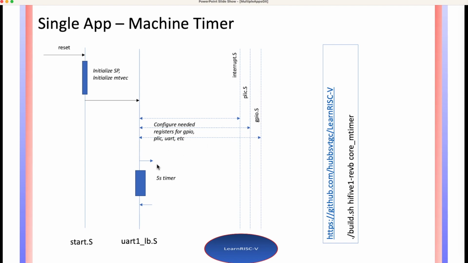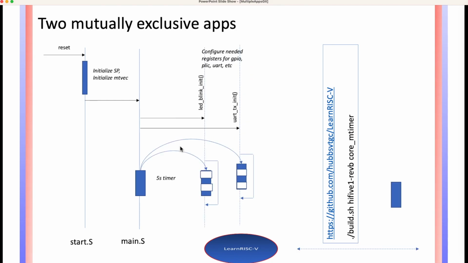Then a timer interrupt or the machine timer would be generated at a periodic interval, whatever we have configured it for. Okay, so I'm just going to demonstrate how we can multiplex more than one task in RISC-V assembly.